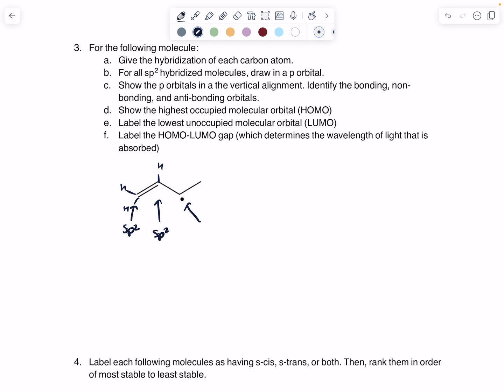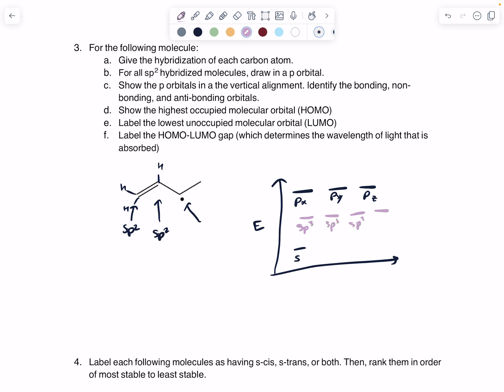All right. So I'm going to try to draw this out. If you think of your energy increasing, going up this y-axis, your energy increases as we go up that axis. We start with 3 p orbitals and an s orbital. And actually, if you think of having s and then px, py, and pz, if you have a hybrid orbital, all these are going to combine, and they actually lower in energy some to make sp3, and they make 4 sp3 orbitals.